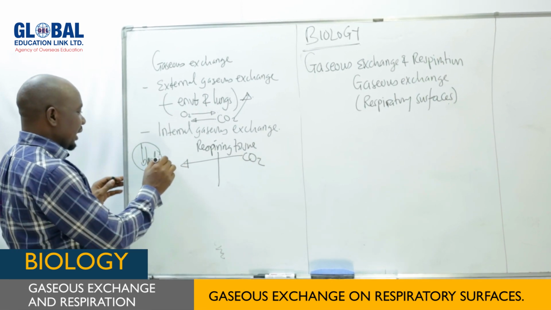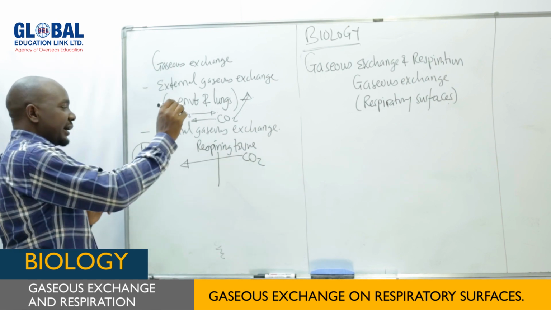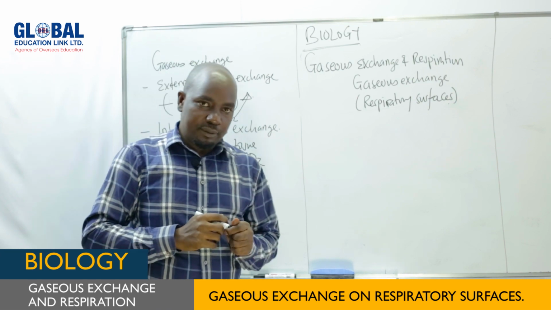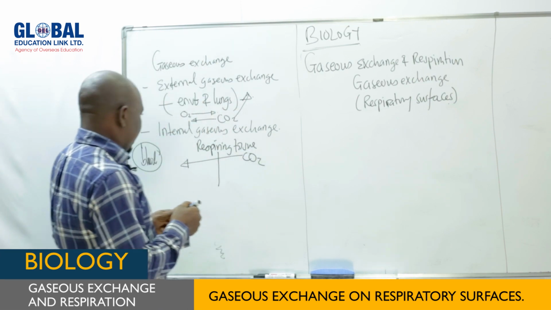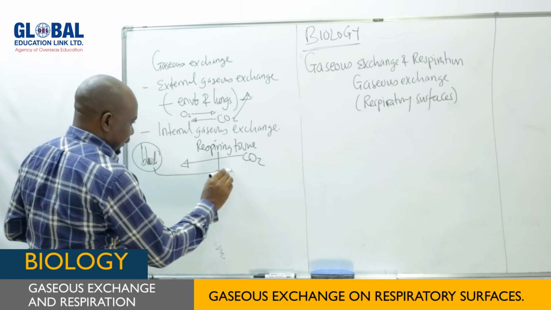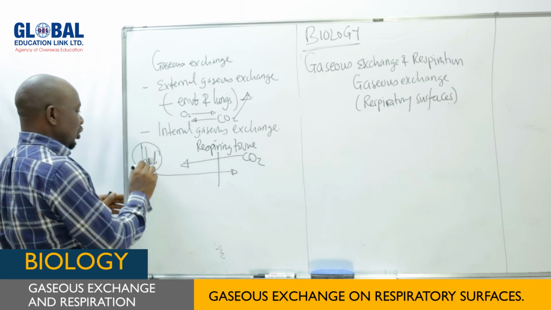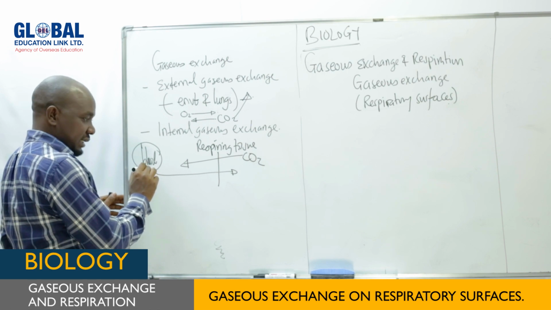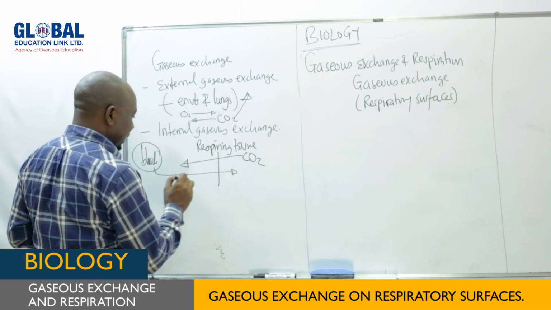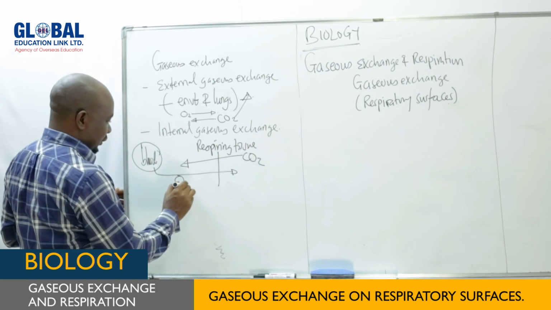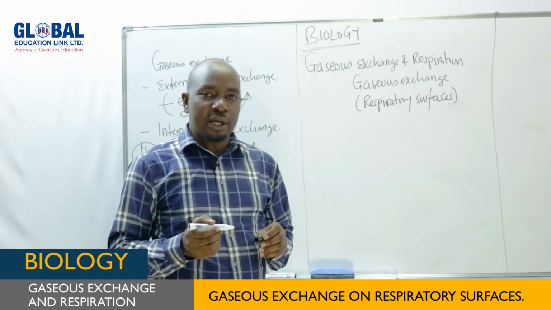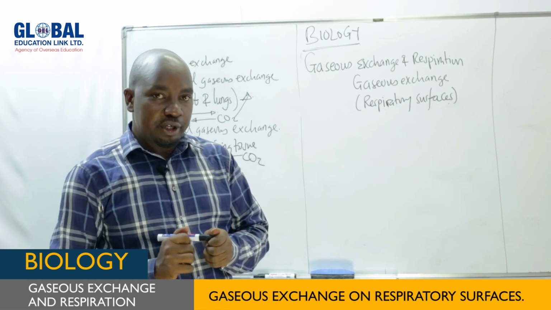Then it will be carried by the blood to the lung and taken outside the body. The oxygen will diffuse from the blood into the respiring tissues, where it is used as a raw material for respiration.